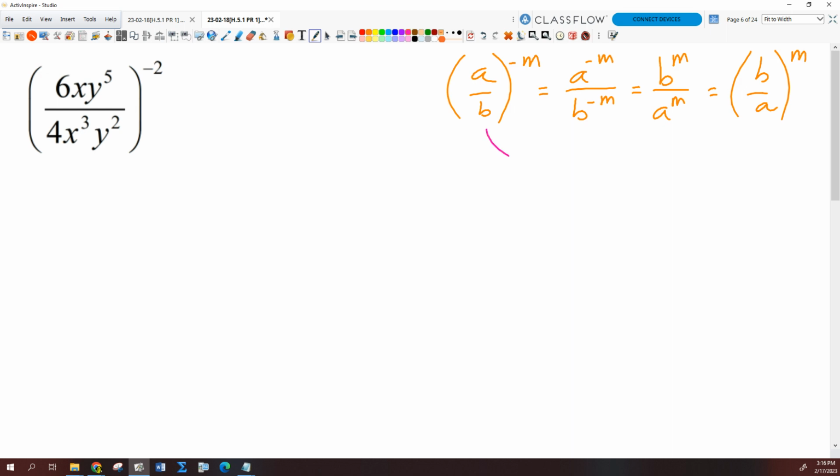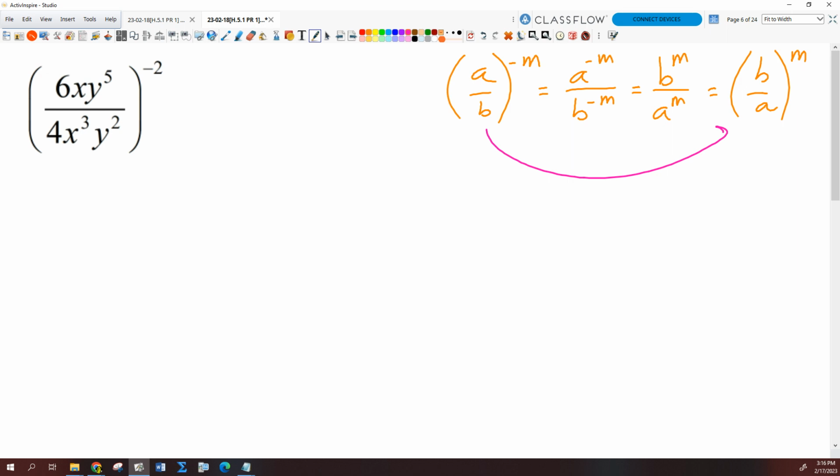So what's the moral of the story there? What was I able to do? Okay, yeah, a fraction to a negative power is equal to its reciprocal to a positive power. That's kind of nice, right?